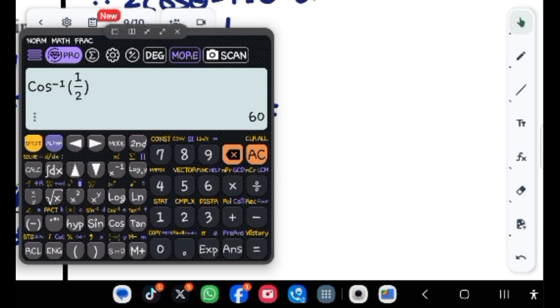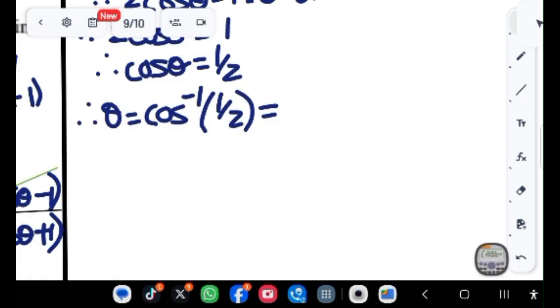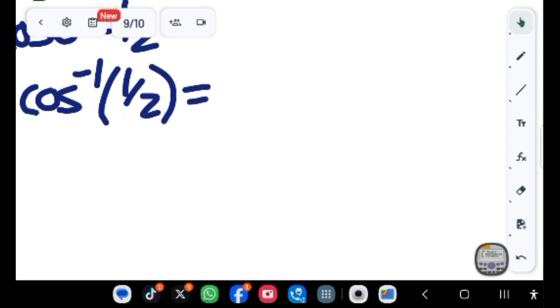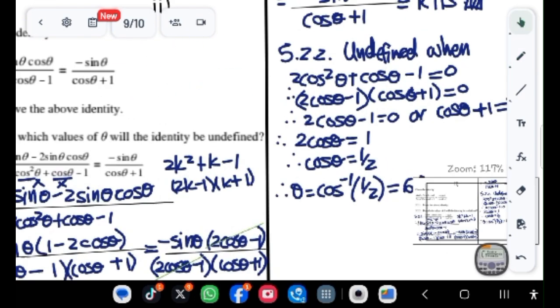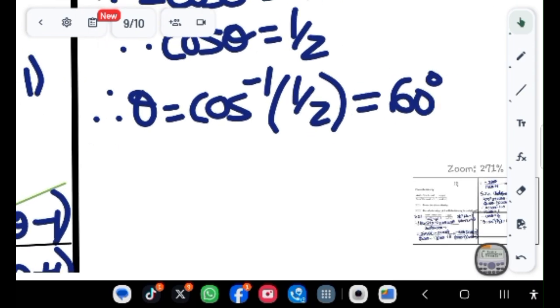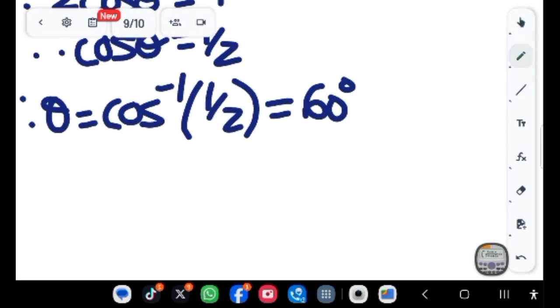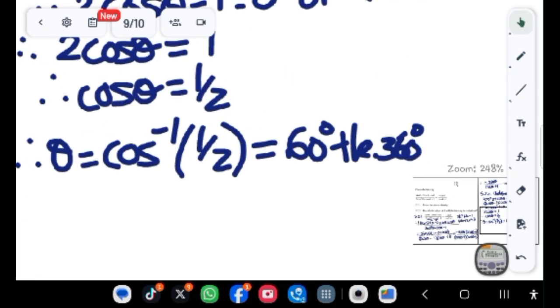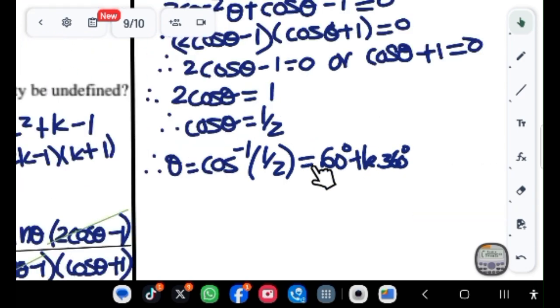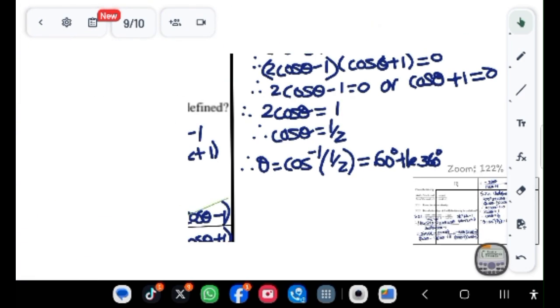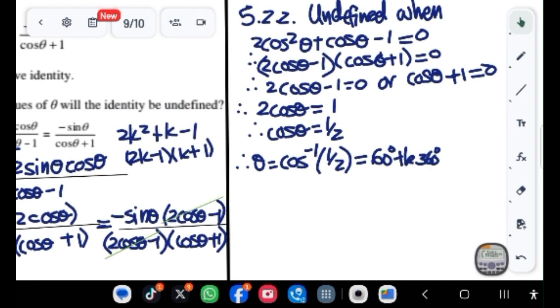It gives us 60 degrees, plus k times 360 degrees. In other words, you can go as many revolutions as you want, but if it lands you on that 60 degrees, then it will be undefined.